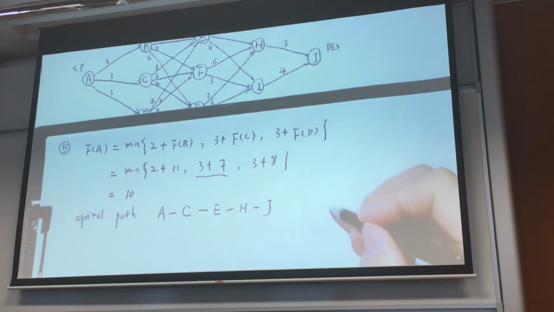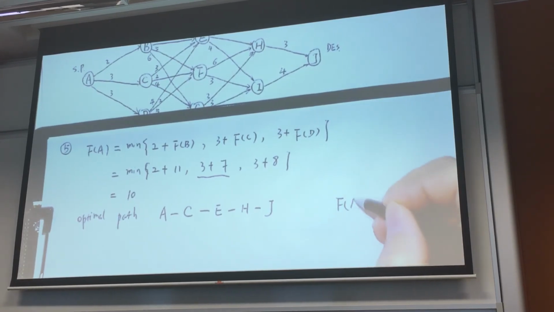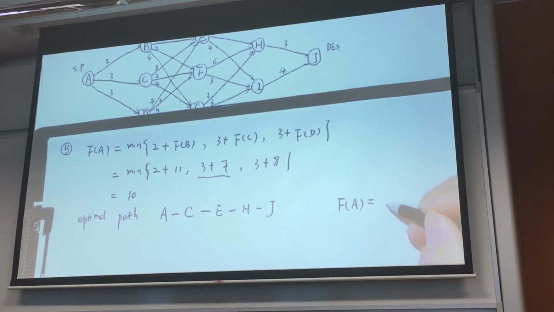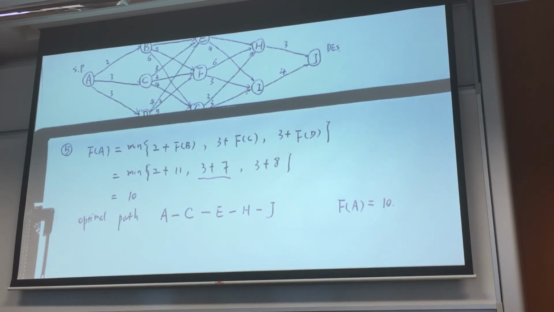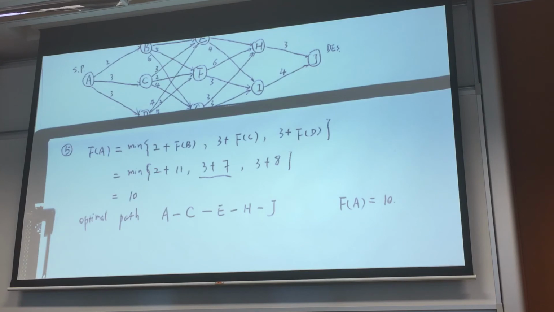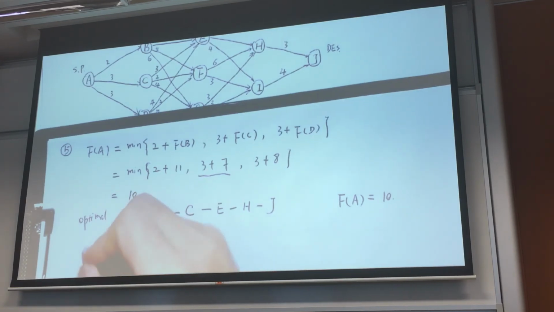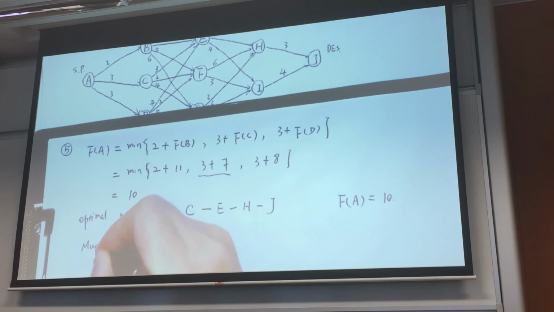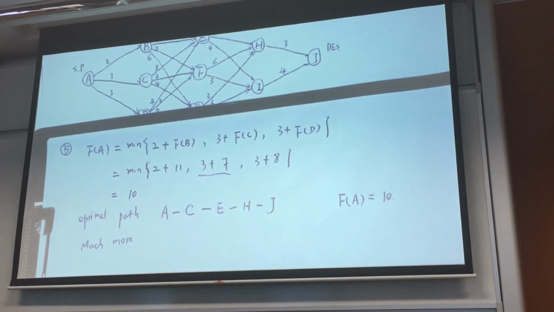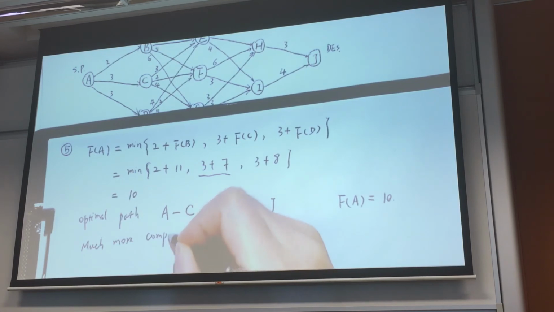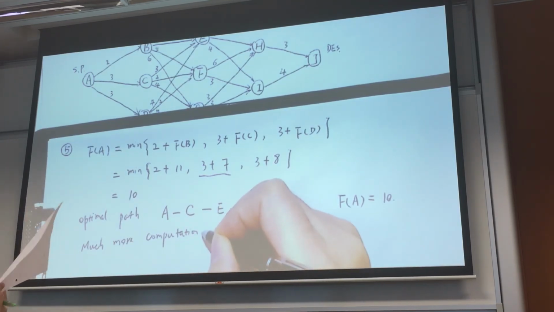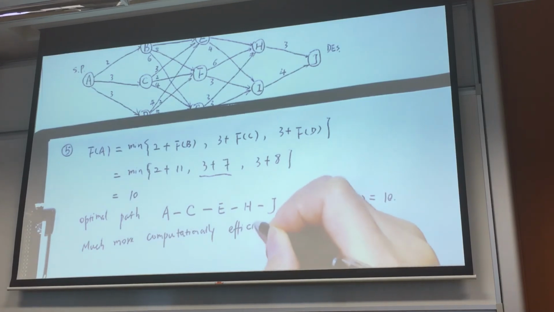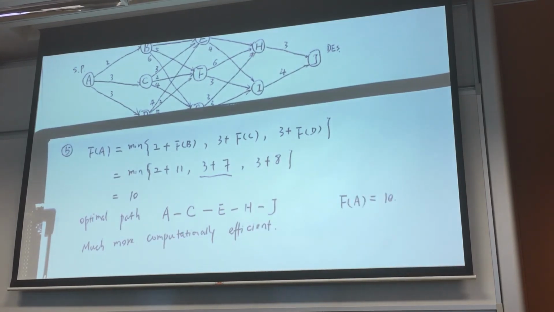And we also know the shortest distance. So this shortest distance is equal to 10. So computationally, this is much more efficient. So these are the idea for dynamic programming.